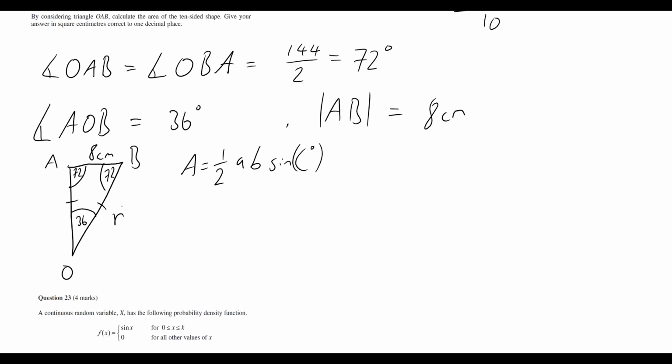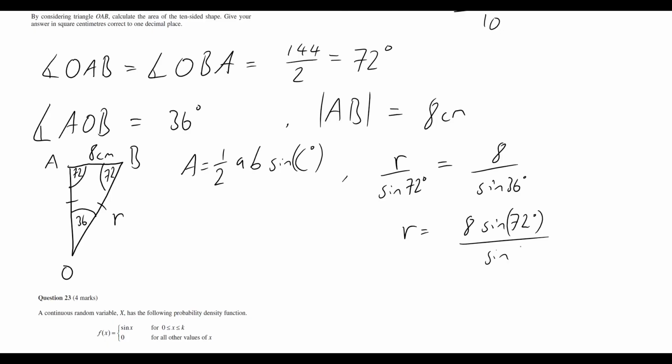Okay, so now how would I figure out our length R? Well, now we turn to our sine rule. So we can say that R over sine of 72 degrees is going to be equal to 8 over sine of 36 degrees. And so now solving for R, we see that R is equal to 8 sine 72 degrees over sine of 36 degrees.